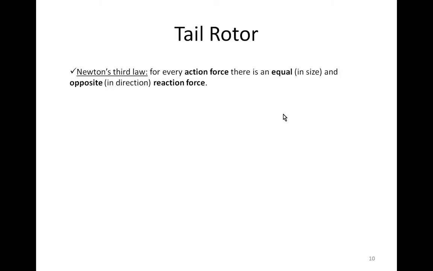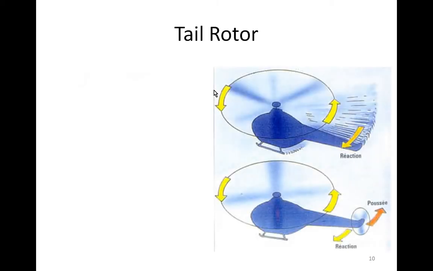Now, let's explain the tail rotor. First, let's see Newton's third law, which says for every action force there is an equal and opposite reaction force. So let's see what happens on a helicopter.